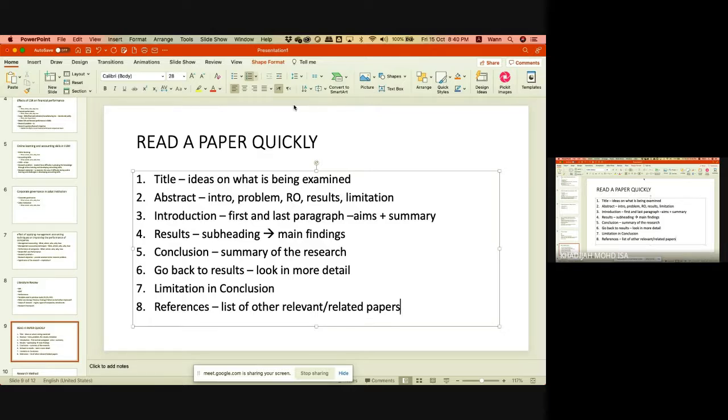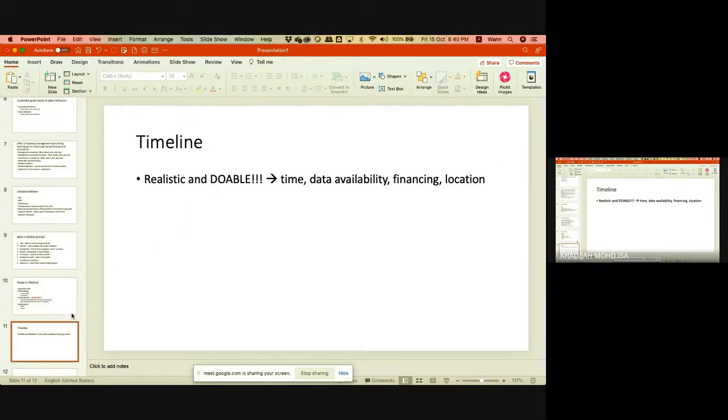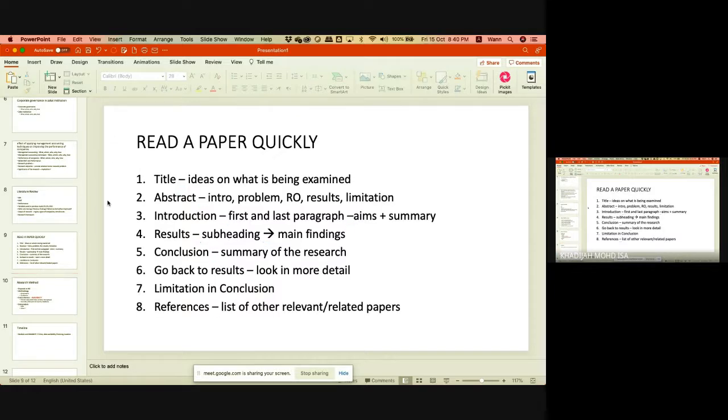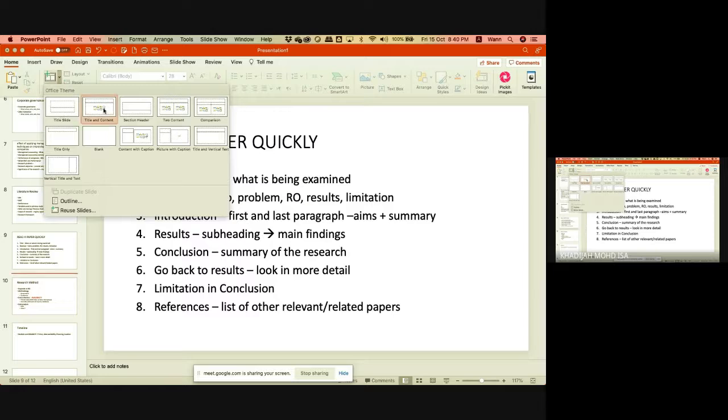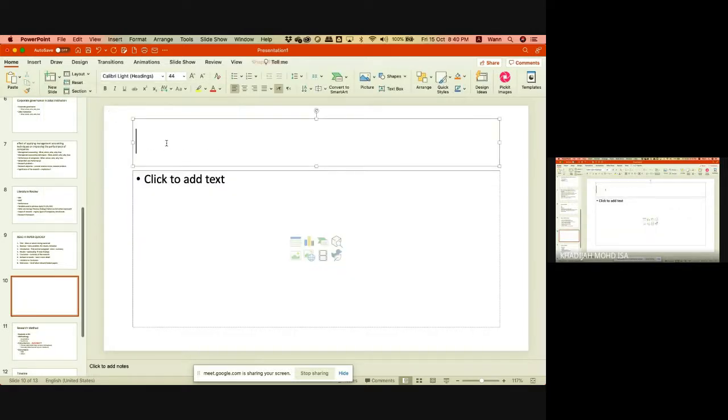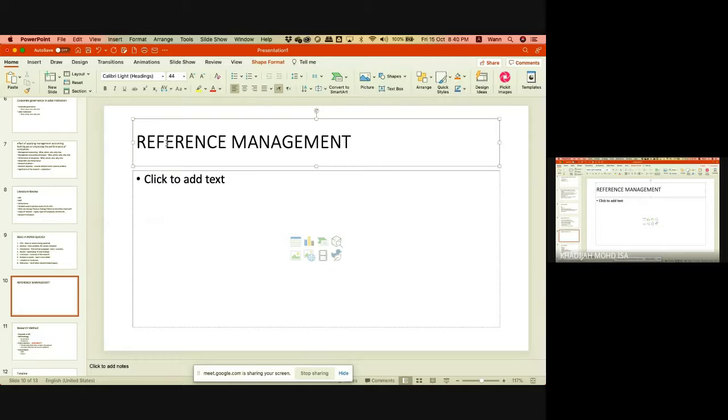So that's why your literature management, reference management, do you call that reference management or literature management?